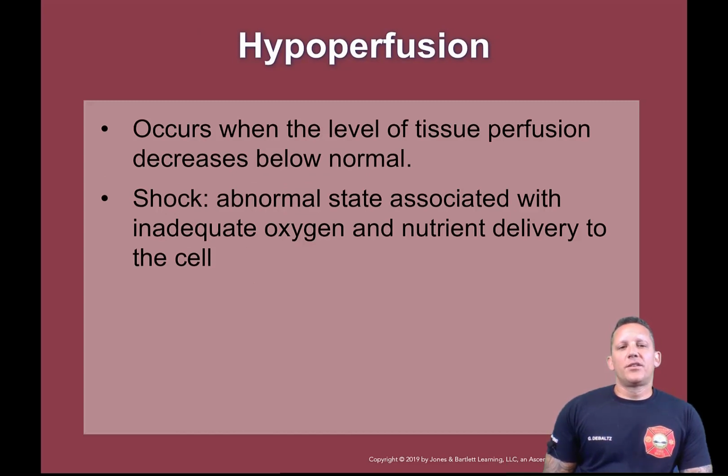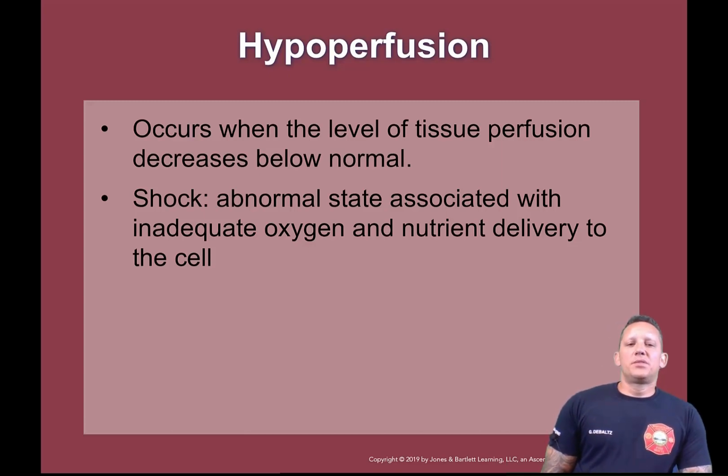Hypoperfusion occurs when the level of tissue perfusion decreases below normal, and that is really in a nutshell what we're calling shock, right? Shock defined is an abnormal state associated with inadequate oxygen and nutrient delivery to the cell. So I want everybody to think about that.